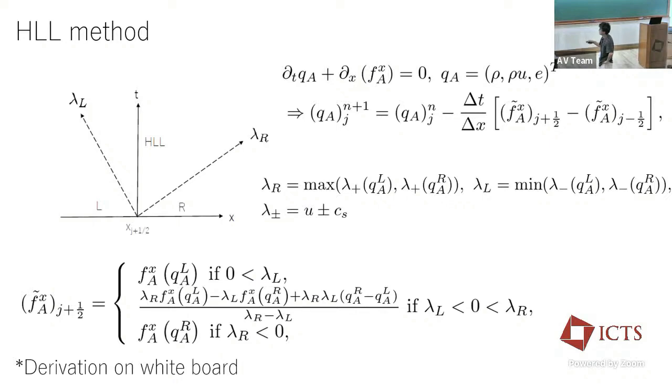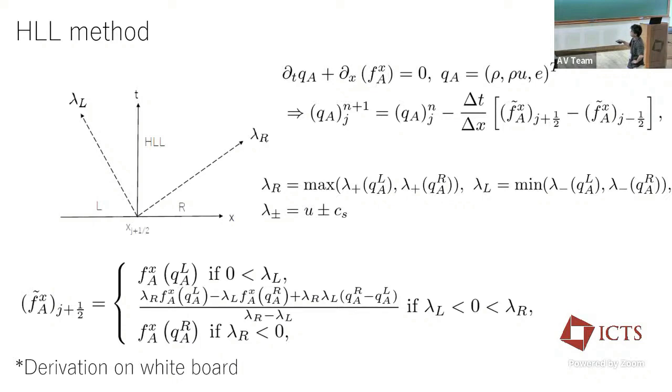Here is a space-time diagram again. You have a left propagating wave and a right propagating wave, because we know this system has three characteristic velocities. The left propagating characteristic speed is calculated as lambda minus, u minus cs, by this equation.